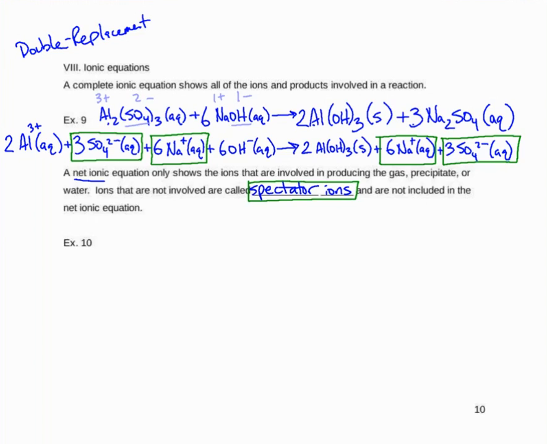And so we're going to rewrite our complete ionic equation, but we're going to write it as a net ionic equation, meaning what actually happened. And here's what actually happened.